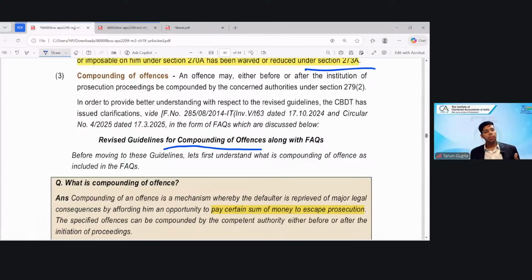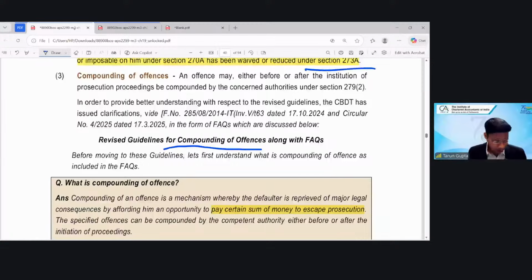So if the offense is of such type that has a punishment of prosecution, where that person has to go to jail, then the government may compound that offense and ask him to pay some amount in lieu of going to jail. Okay, so this is called compounding of offense.